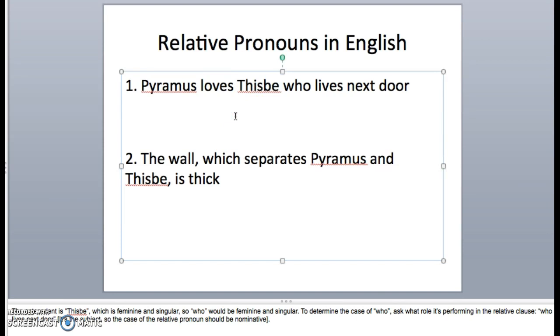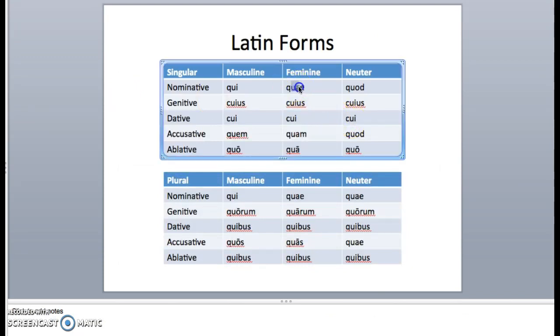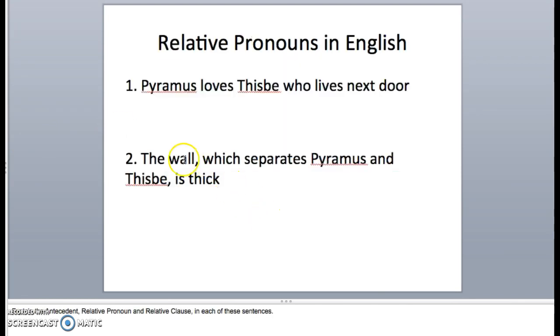We come with the answer, well, it's the accusative direct object. So even though Thisbe might be accusative direct object, the relative pronoun is going to be nominative singular, and so we'd use quae. And I know that was a lot of information, so let's walk through one more example here.